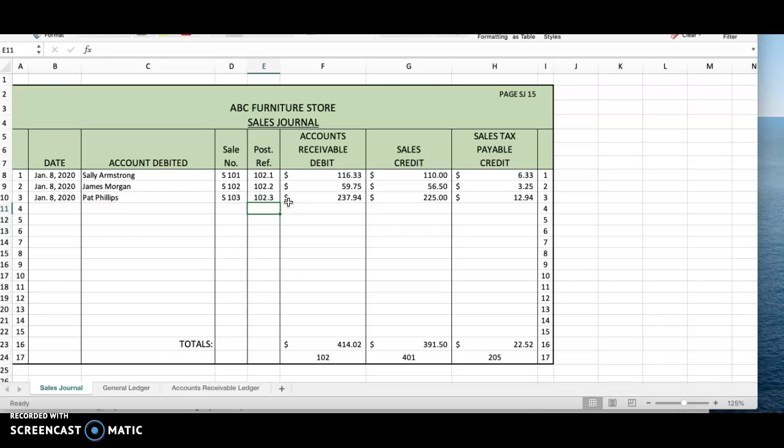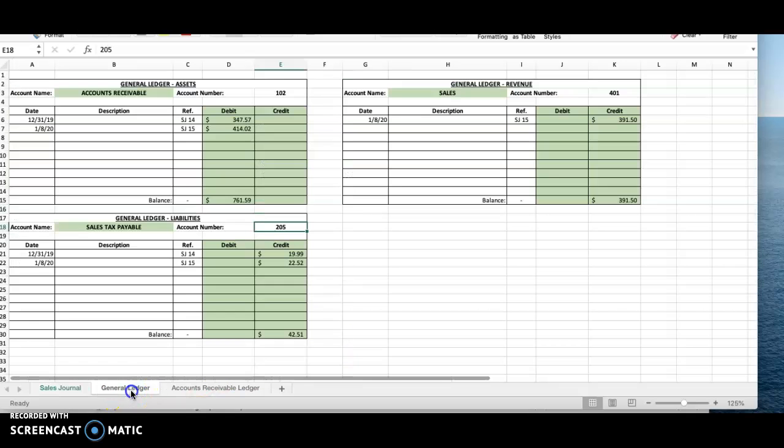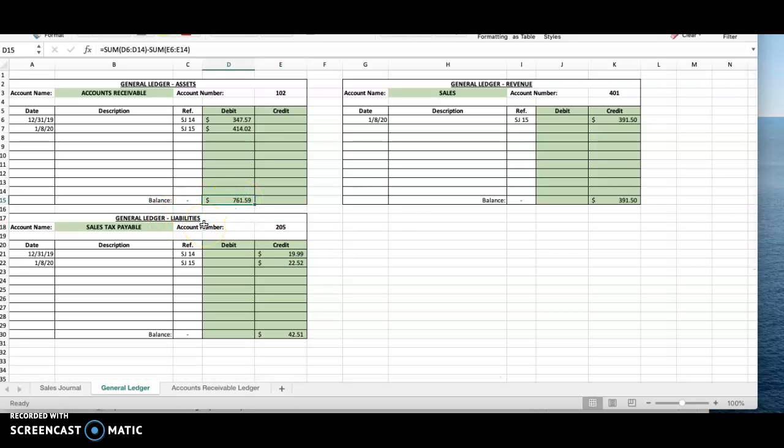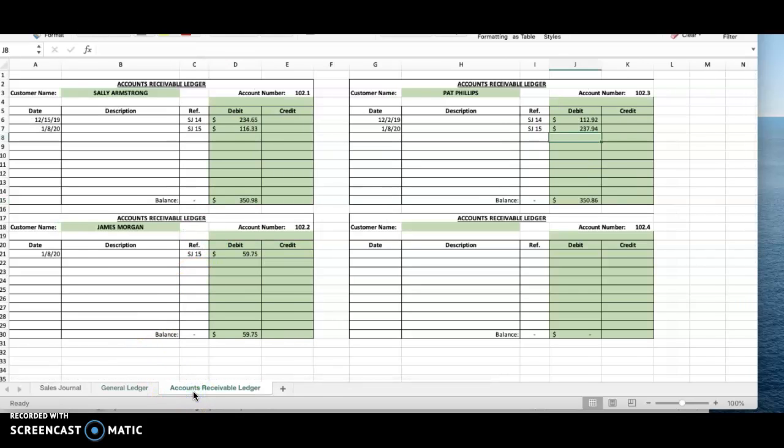So that's how posting is done. One other important point, if we want to double check things: the balance in the accounts receivable account in the general ledger ought to equal the total of all the customers' accounts.